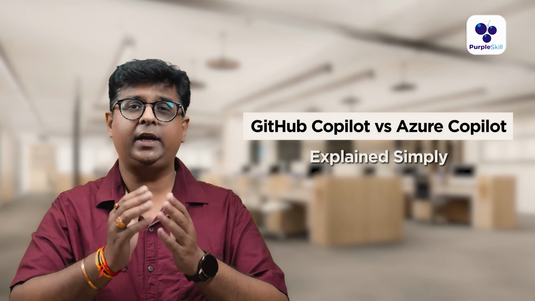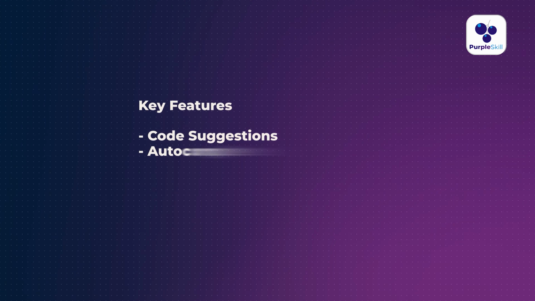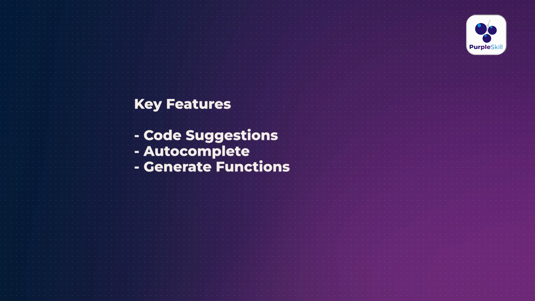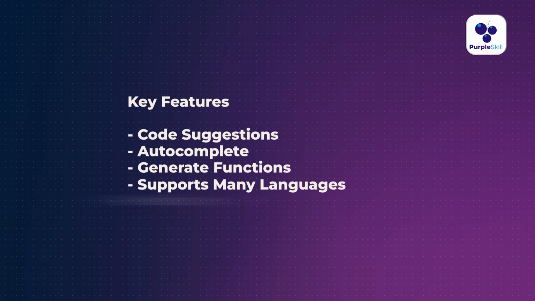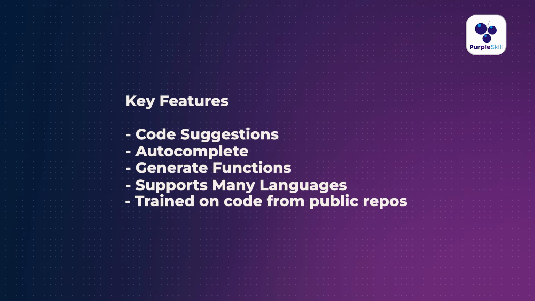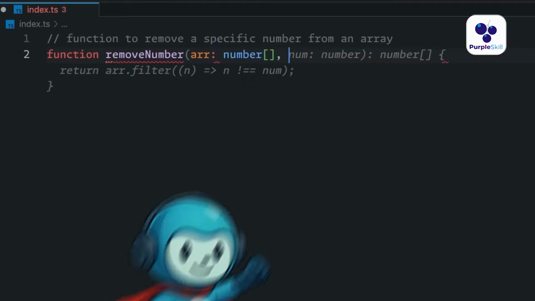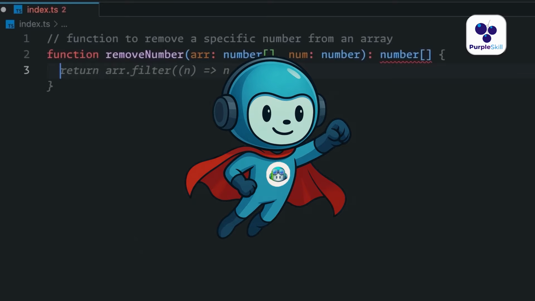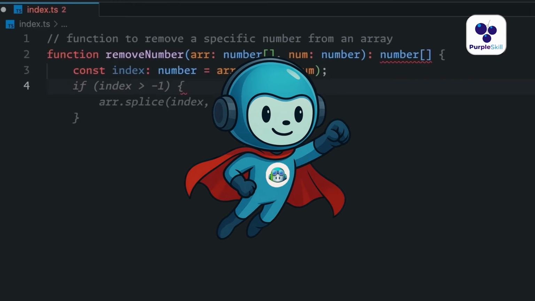Key features of GitHub Copilot are code suggestions as you type, context-aware autocomplete, generating entire functions or classes, and support for Python, JavaScript, C#, Go, and many languages. It is trained on public code from GitHub repos. It is like having a super smart coding partner, but that partner has read billions of open source projects.